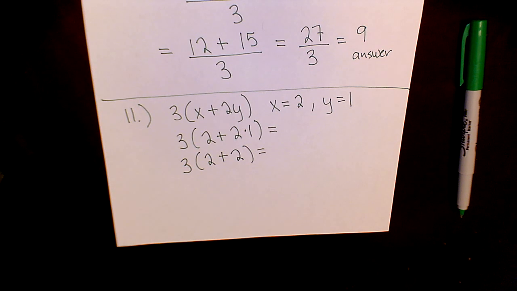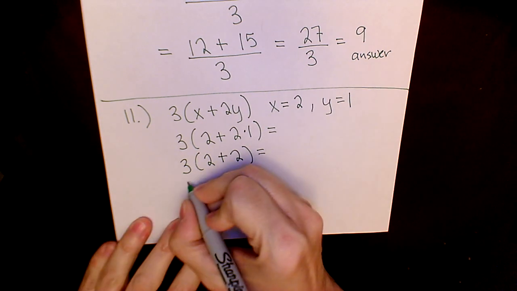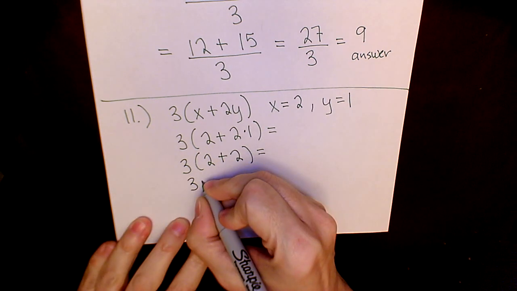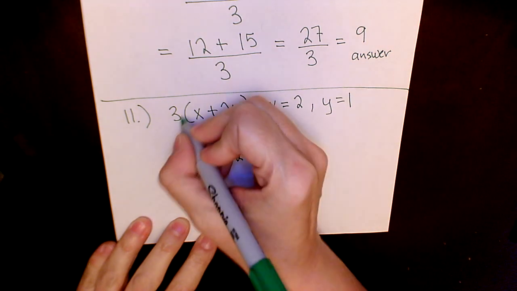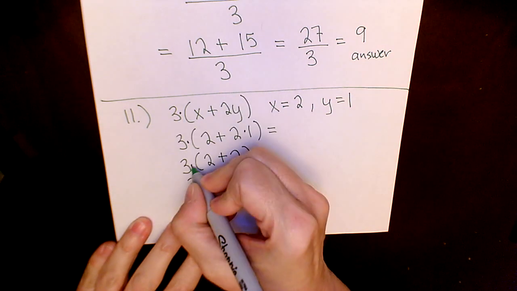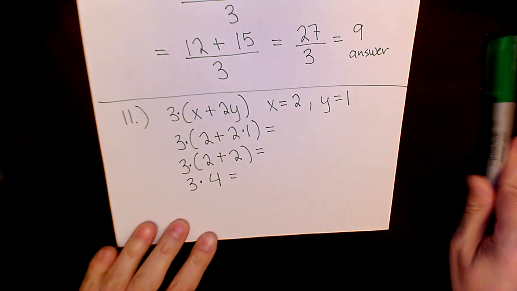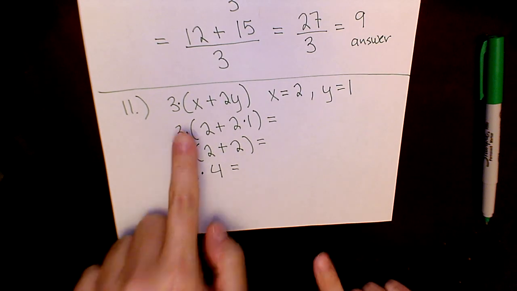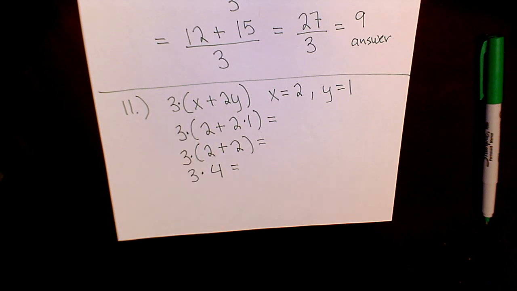And then I'm going to finish off what's inside the parentheses. What's 2 plus 2? Well, that's 4. And there's always an implied times whenever you have something sitting close together like that.